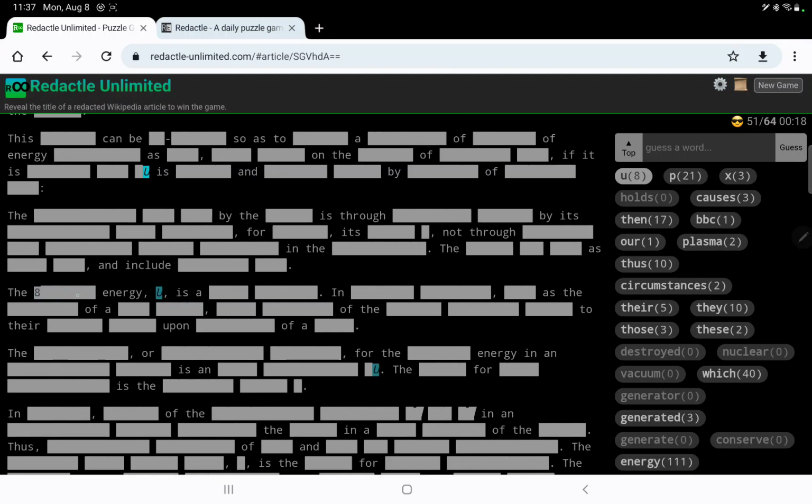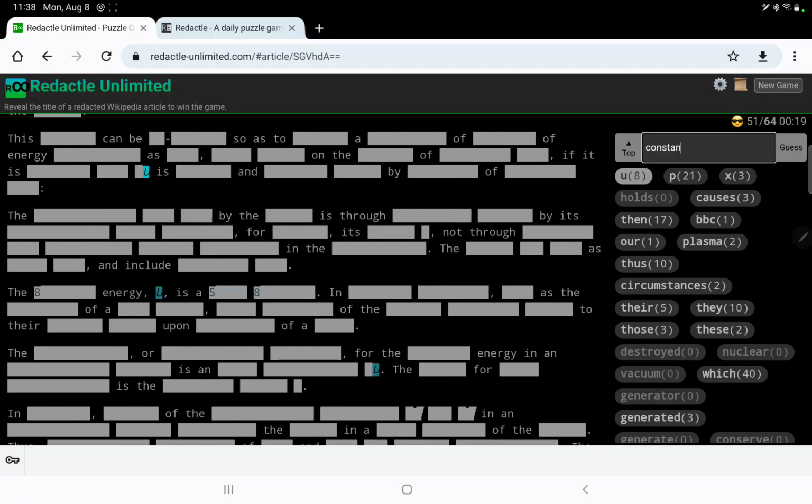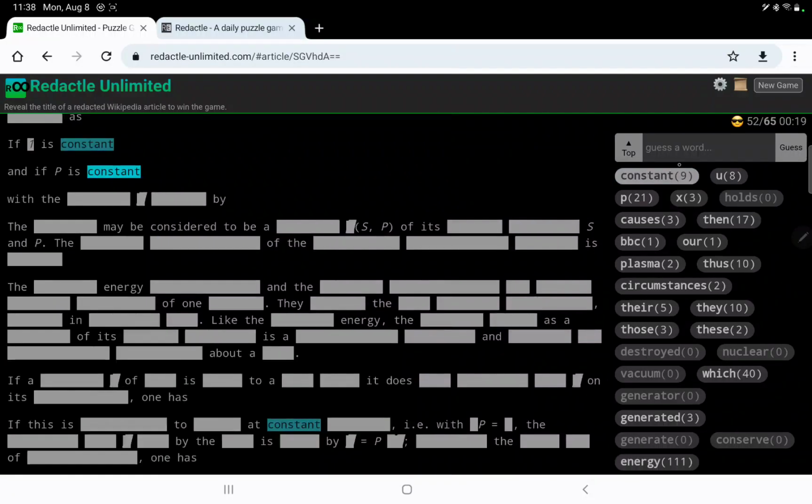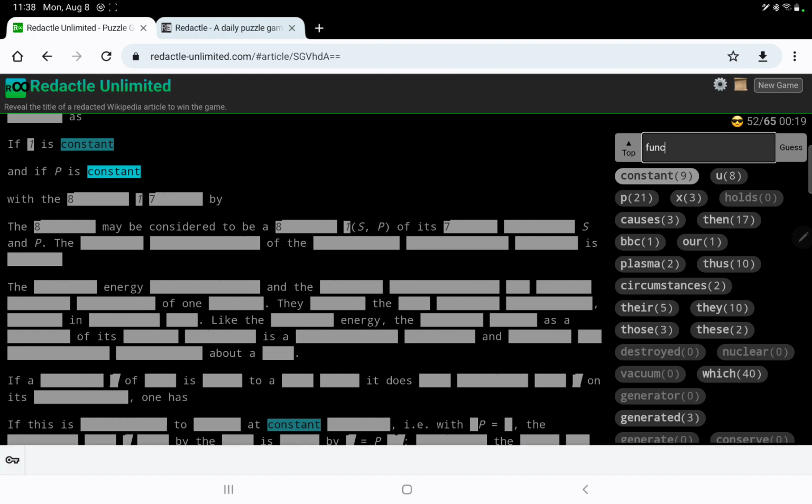I wonder if that's a word that begins with U. Is it a constant? No, we do have some constants. If something is a constant, oh, there's our P, and if P is constant, with the something, oh my goodness, maybe considered to be a function.